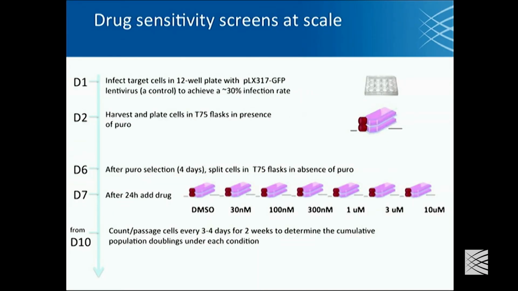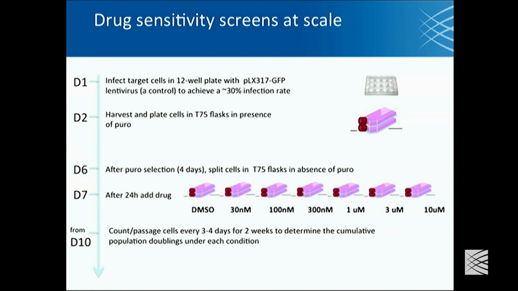So this is an example of how you would do a drug sensitivity assay. Day 1, you infect your target cells with a control lentivirus, such as GFP, and try to achieve a 30% infection rate. You might have to do a titration with this virus beforehand. On day 2, you're going to harvest and plate your cells into T75 flasks in the presence of Puro.